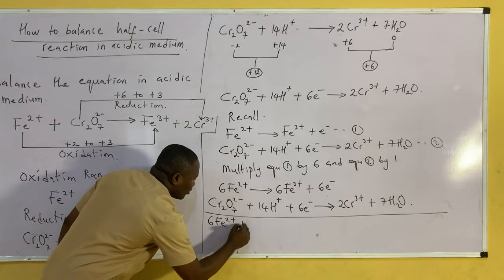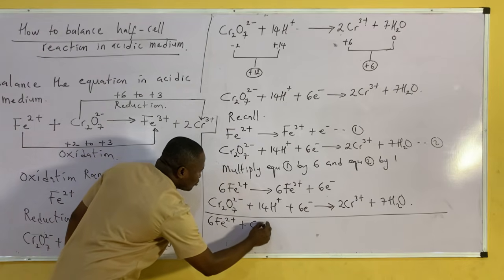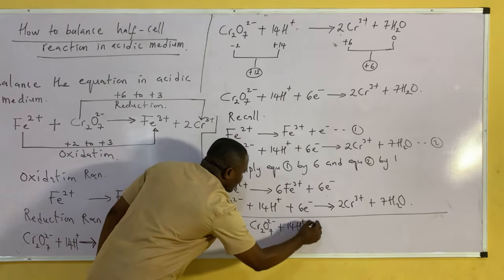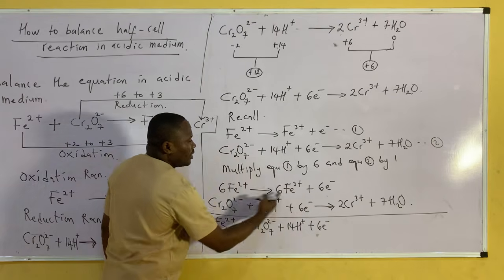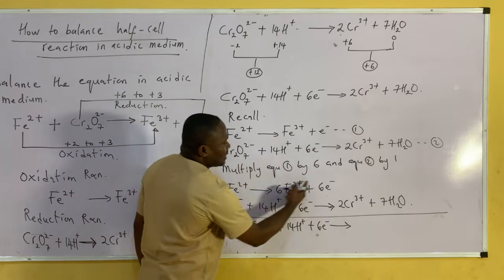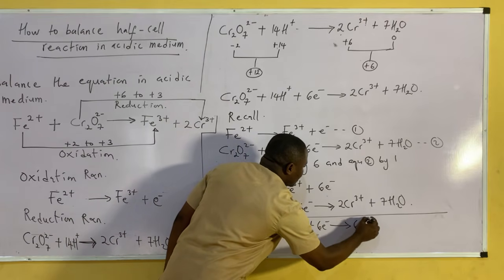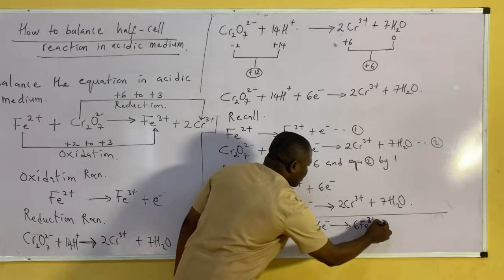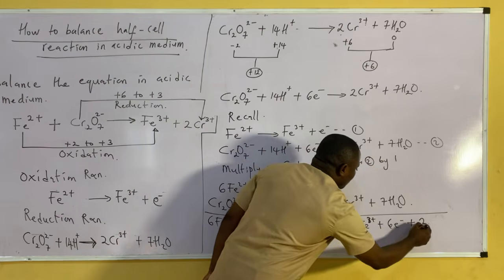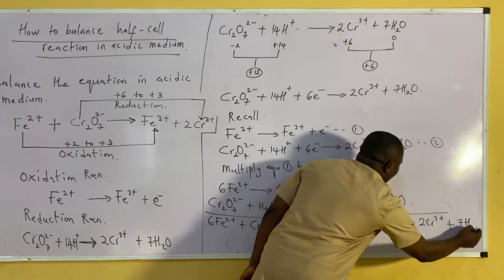We will now be having 6Fe2+ plus Cr2O7 2- plus 14H+ plus 6 electrons, to give us 6Fe3+ plus 6 electrons plus 2Cr3+ plus 7H2O.